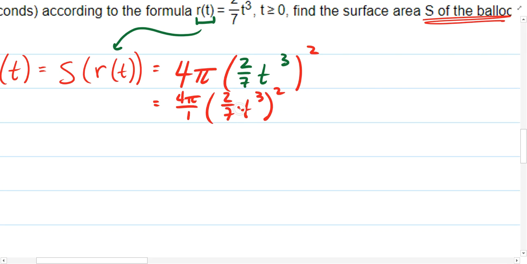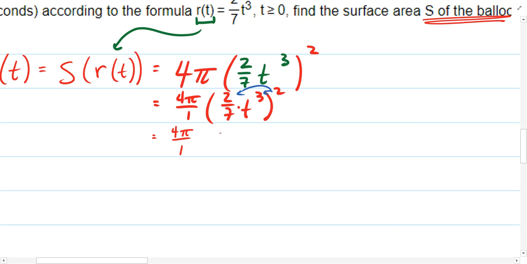Since the 2/7 is being multiplied by t cubed, then it would be appropriate for us to distribute this power of 2 into this grouping symbol. We can only do that distribution if there's a series of multiplications inside that grouping symbol. If there was an addition sign here, that wouldn't work. Instead, we would write this expression twice and FOIL it.